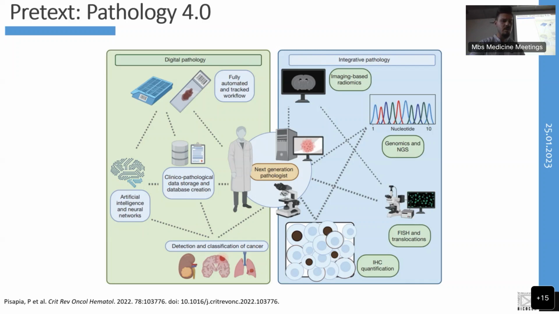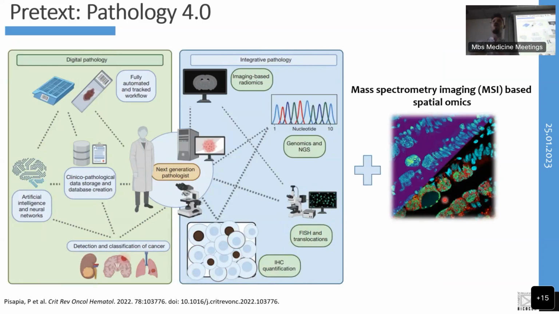One thing that we noticed with a lot of these technologies is that they are spatial in nature. They provide spatial context, which is also very important in the context of disease. Along these lines, there are also emerging omics techniques, such as mass spectrometry imaging, that have the potential to also support in this particular type of area.